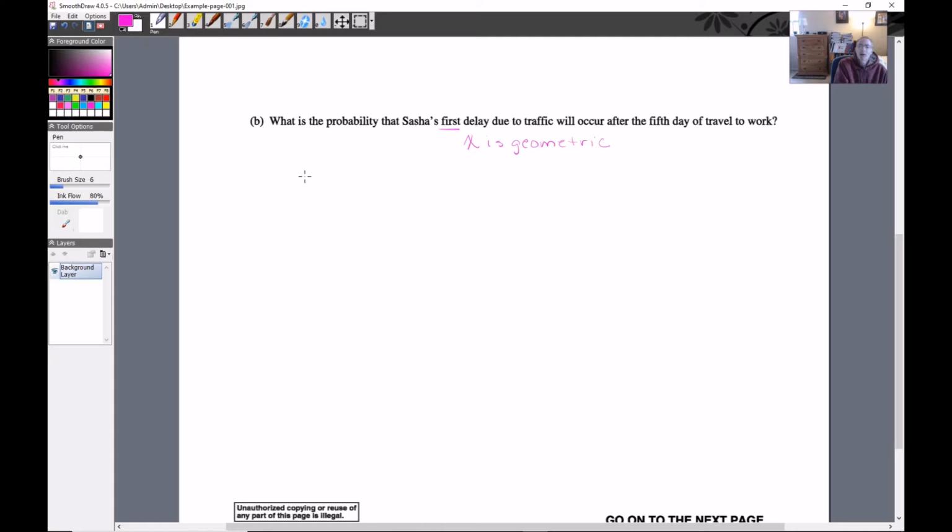All right. So after the 5th day of travel, this is the probability that X is greater than 5, and this will be geometCDF. Oops, sorry, left the letter out. So this is geometCDF, and the probability is 0.2.